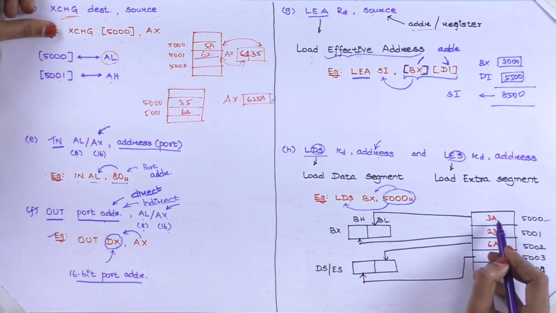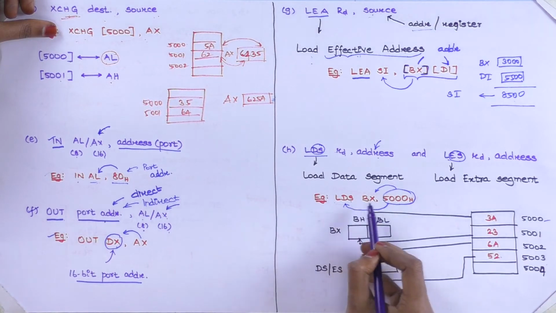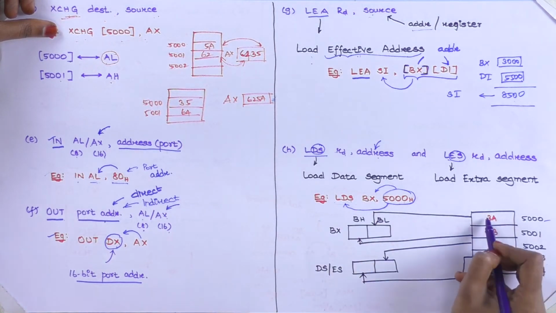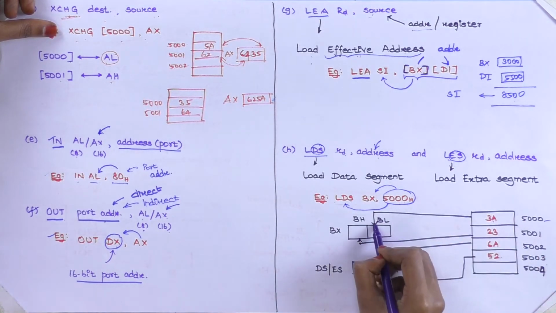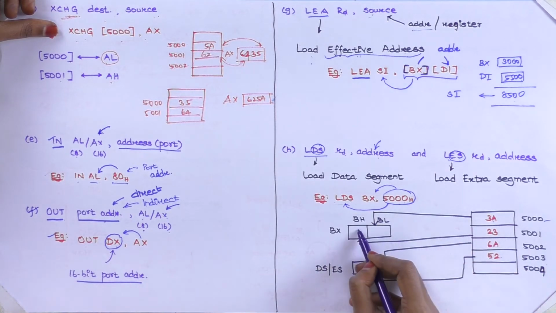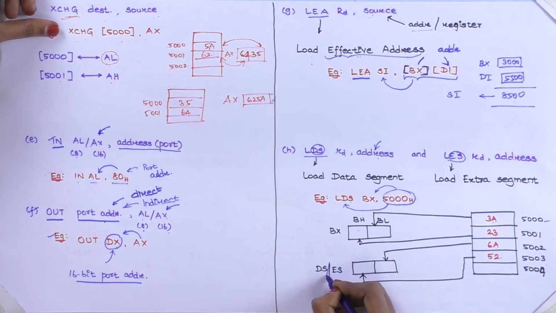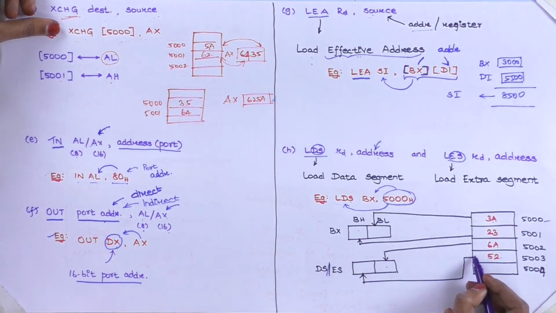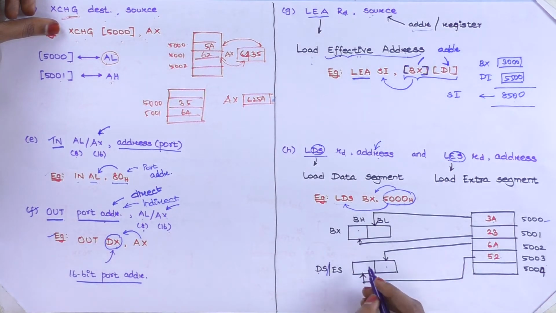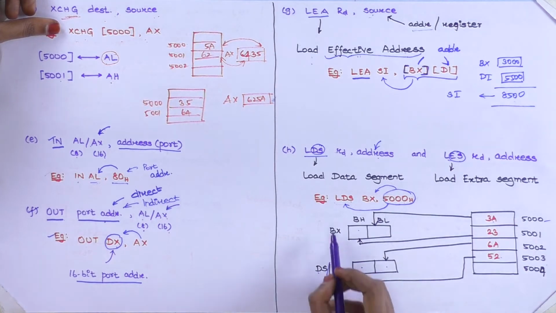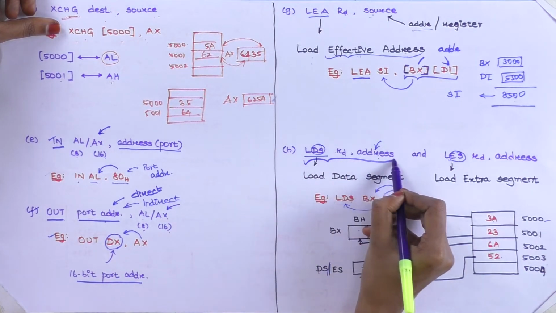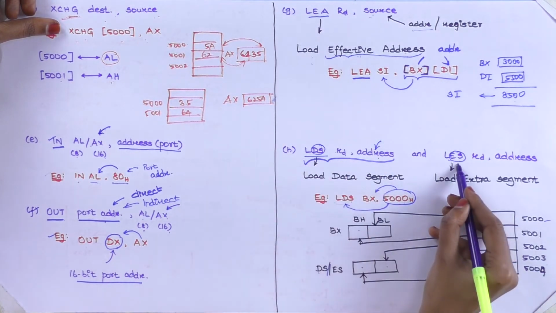After executing LDS BX comma source, the value in 5000 will be stored in BL, 5001 will be stored in BH, 5002 will be stored in the data segment lower byte, and 5003 will be stored in the data segment higher byte. This is how, using this instruction, you load the data segment or extra segment.